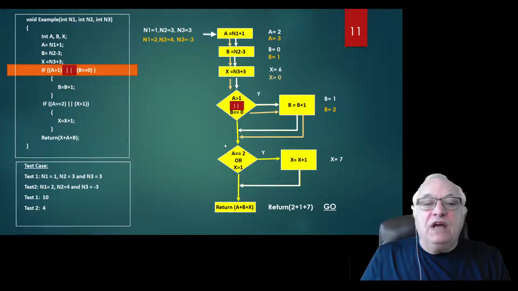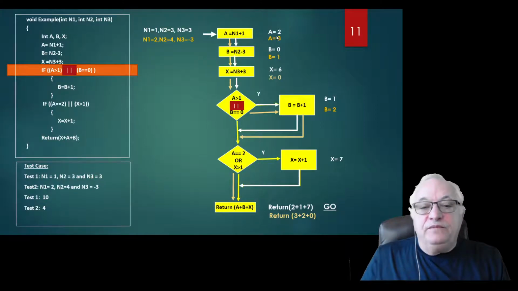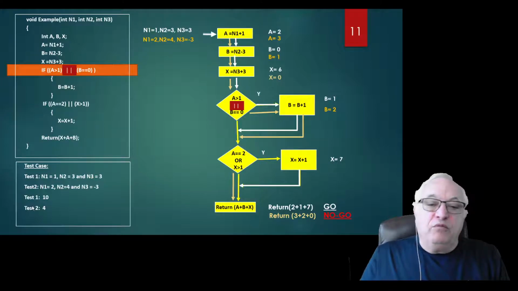Then we keep going down, and in this case a was not equal to 2 because it's 3, and x was not greater than 1, so we drop this way. So what we ended up with here is a equal to 3, b equal to 2, and x equal to 0. So that's a no-go. We expected a value of 4 and we got 5.